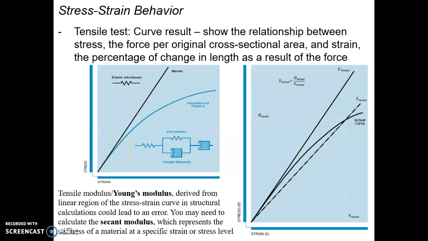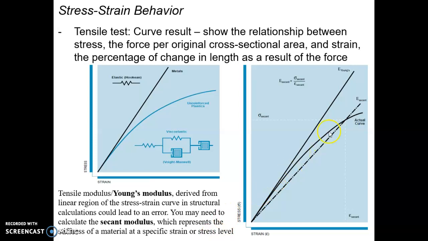So as a result, using the tensile modulus or Young's modulus derived from the stress over strain in the linear region of the stress strain curve in structural calculation could lead to an error. So we need to calculate the secant modulus, which represents the stiffness of a material at a specific strain or stress level.